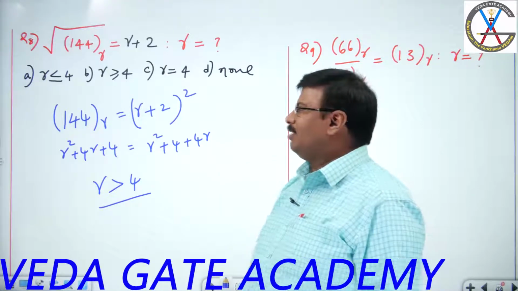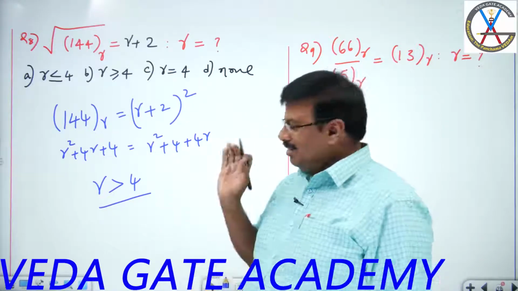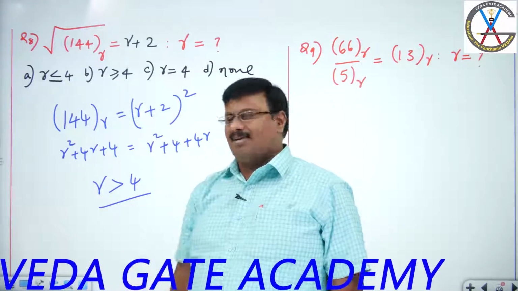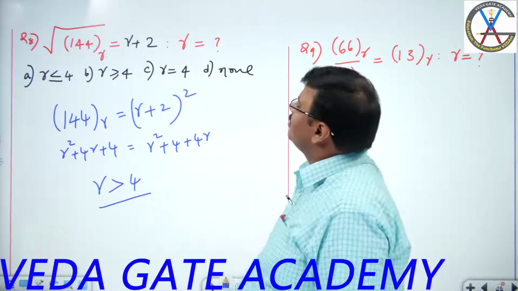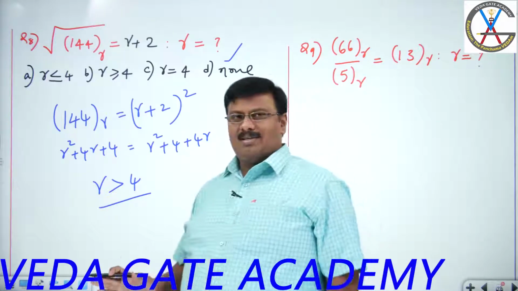So we told you already, no? The number must be less than the base, the base must be greater than the number. In that case, r must be greater than 4. Where is that? None. You're clear, right?